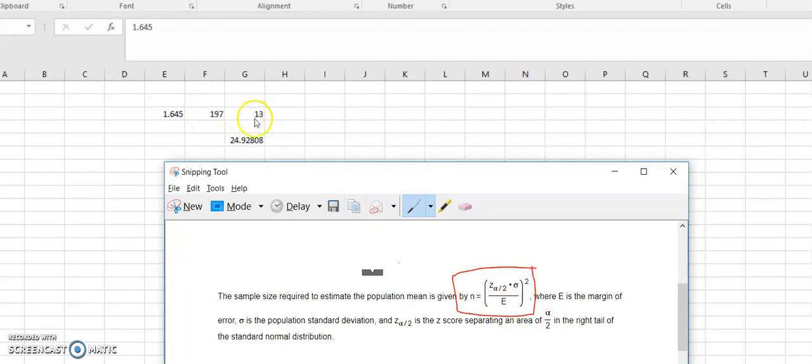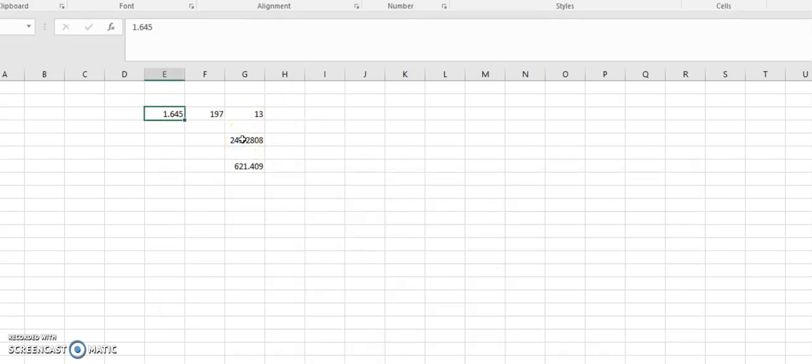That was also given. So what I do is multiply z times standard deviation sigma divided by the margin of error, and it gives me almost 25, but this quantity needs to be squared, so I square it right here.